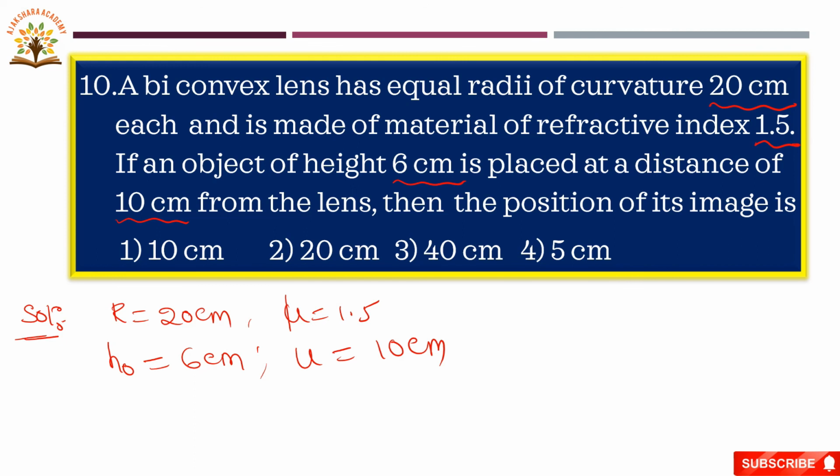So 1 by f is equal to (mu minus 1) of 2 by r. Now substituting values, we get 1 by f is equal to (1.5 minus 1) of 2 by 20.